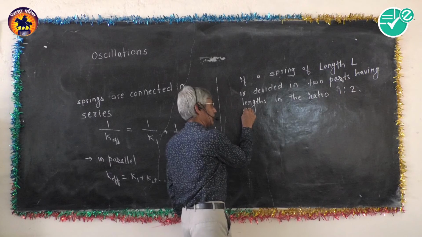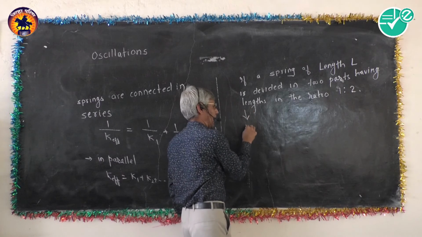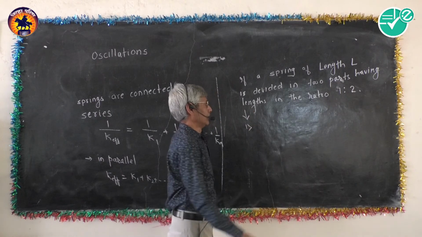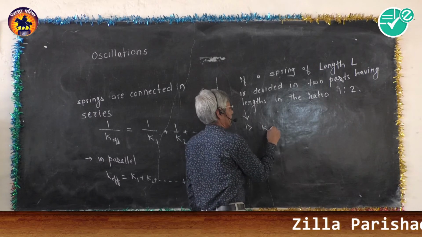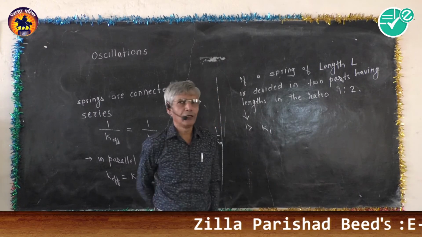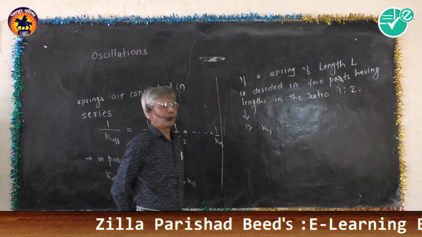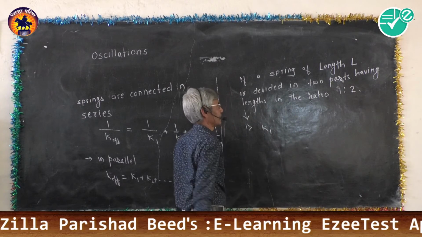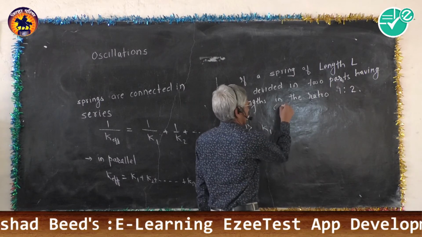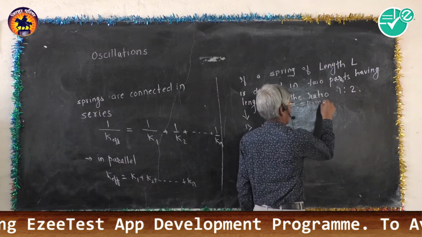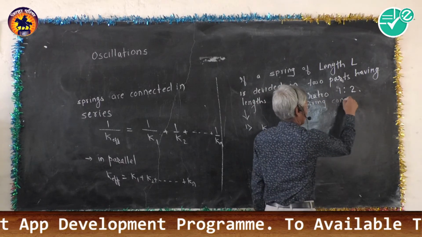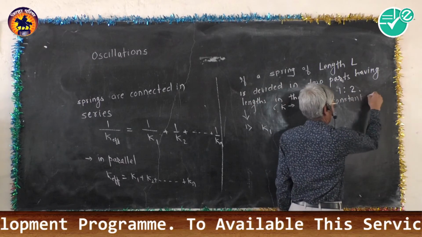Now the first question can be asked, that is the value of the spring constant of the first part of the spring. Say K is the spring constant of the spring.